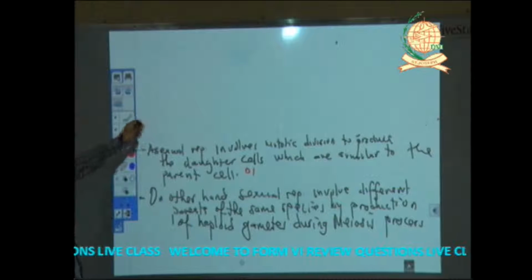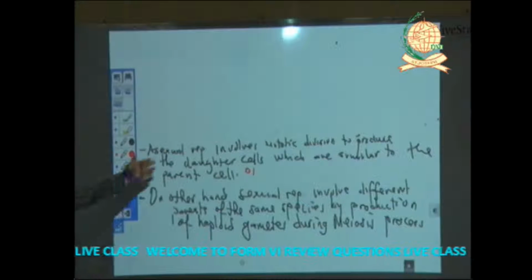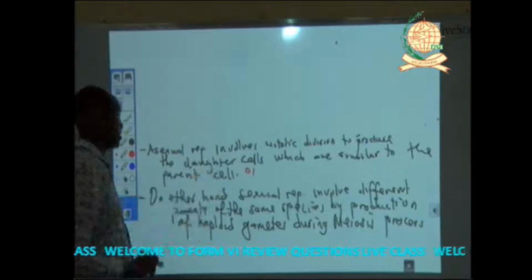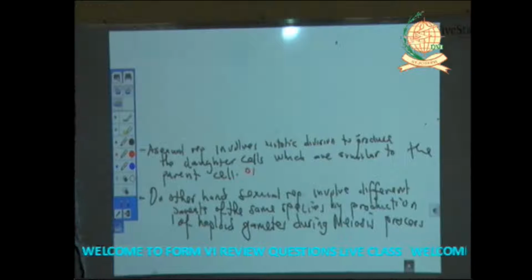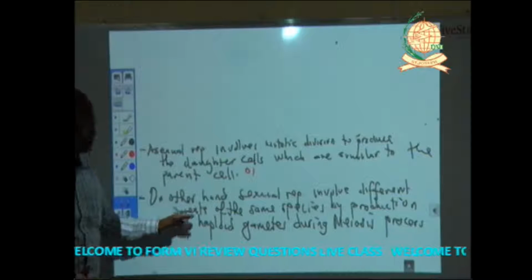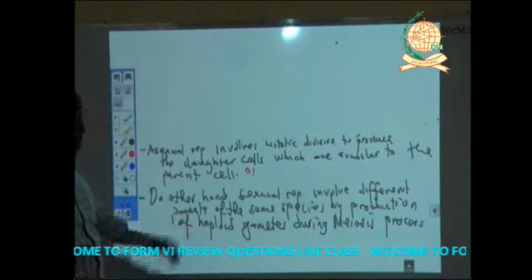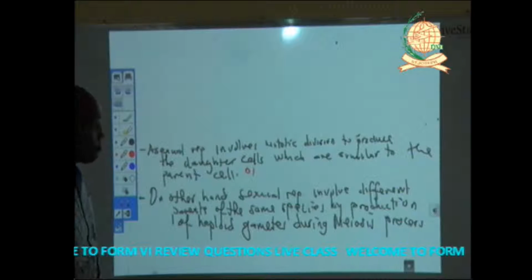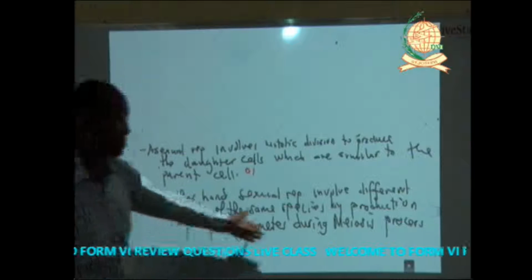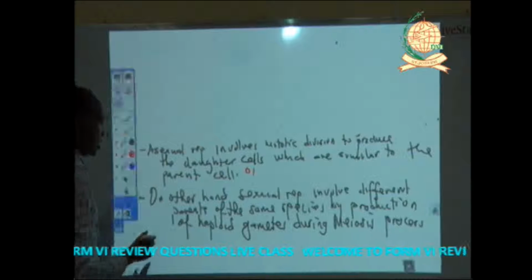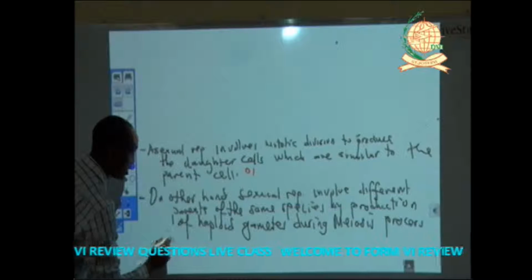What is asexual reproduction? As you mentioned, asexual reproduction involves mitosis, you'll have one mark. And now as you continue with sexual reproduction and telling why it has variation, it is because it involves meiosis.